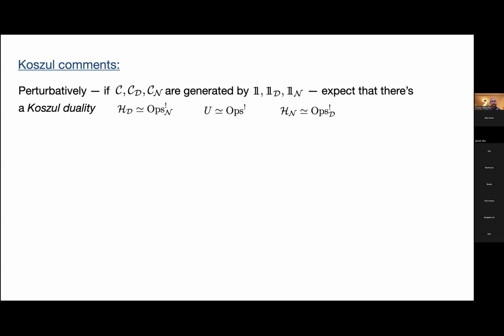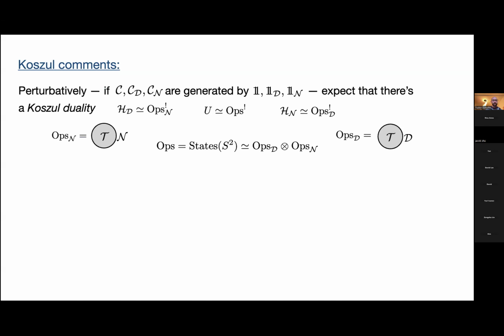And even if it's not true, you can work with the subcategory that is generated from the tensor identity. Then the expectation is that there's a Koszul duality between the Hopf algebras I mentioned and algebras of local operators. In terms of TQFT pictures, local operators form commutative algebras.